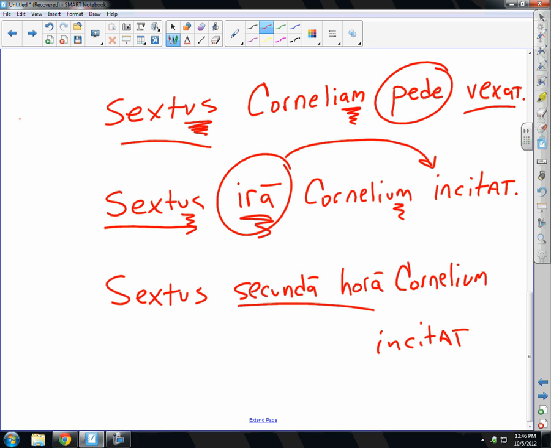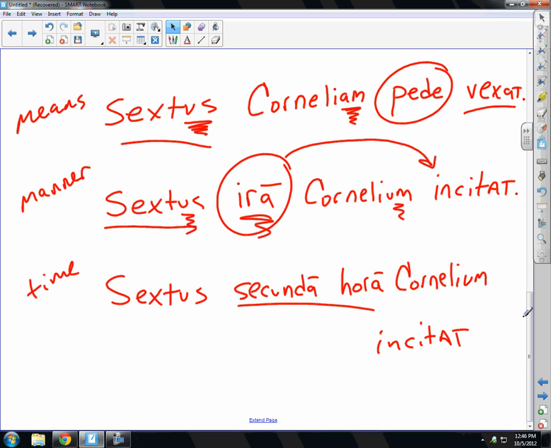So in this case, we have an ablative of means, we have an ablative of manner, we have an ablative of time. Hopefully that helps you with establishing what an object of a preposition is in English, and also reviews what the ablative is being used for in Latin.